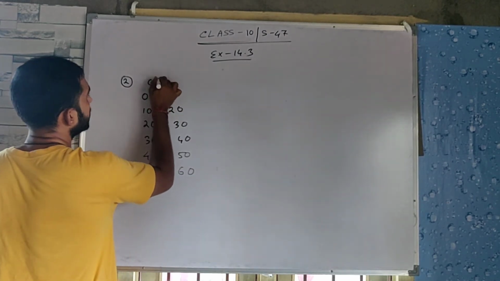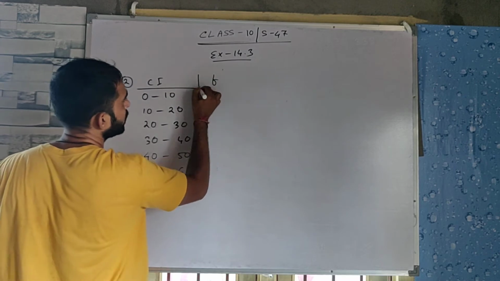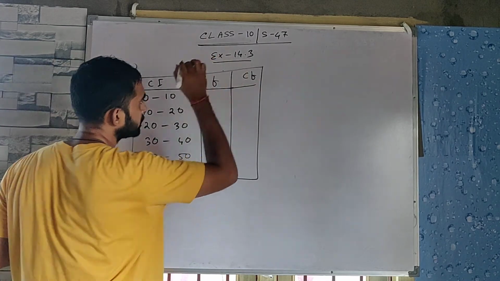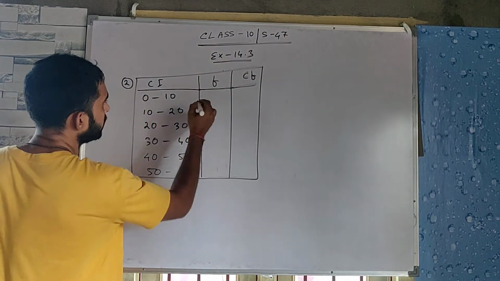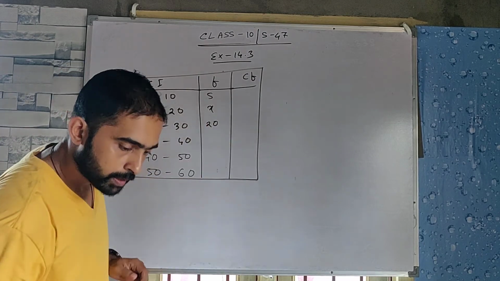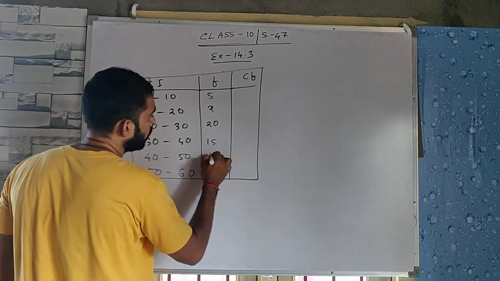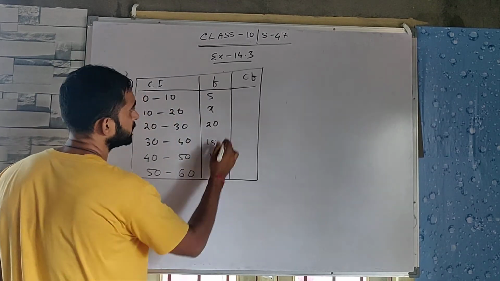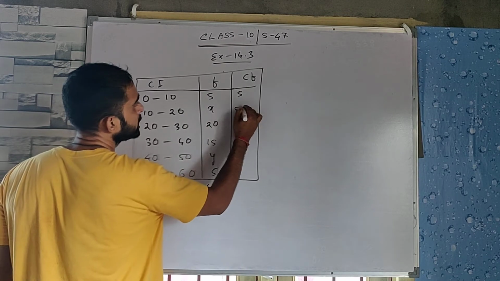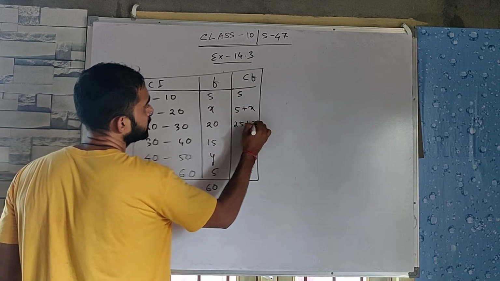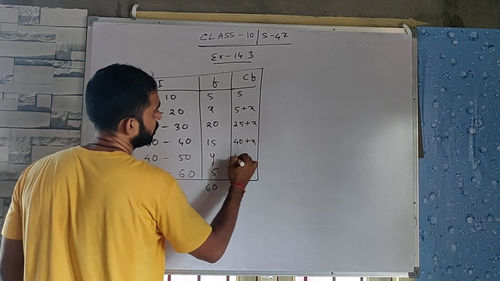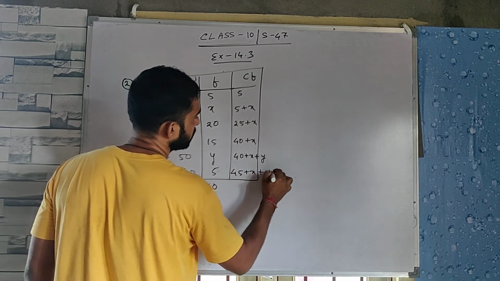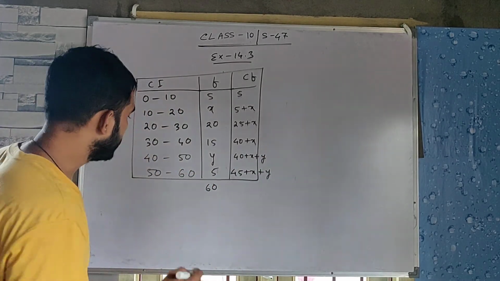The frequencies are 5, x, 20, 15, y, 5, and the total is given as 60. So CF is 5, 5 plus x, 25 plus x, 40 plus x, 40 plus x plus y, then 45 plus x plus y. Got it? Now what is given? Median is given.